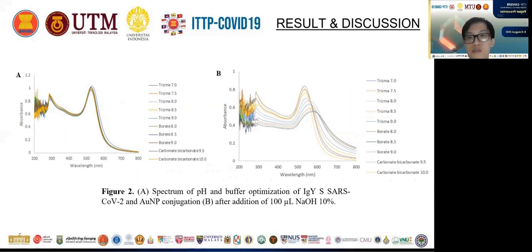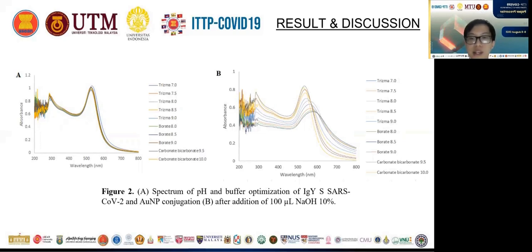And we use a couple of buffers such as Tris, borate, and bicarbonate with various pH. As you can see, figure A is the spectrum of pH and buffer optimization of IgY, SARS-CoV-2, and gold nanoparticle conjugation. And B is after the addition of the sodium hydroxide.